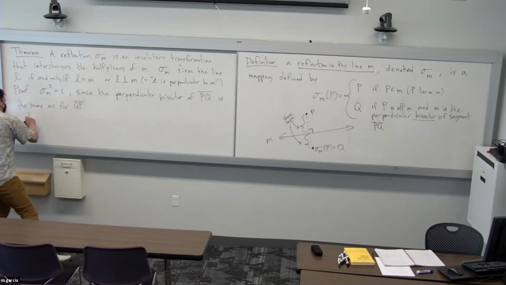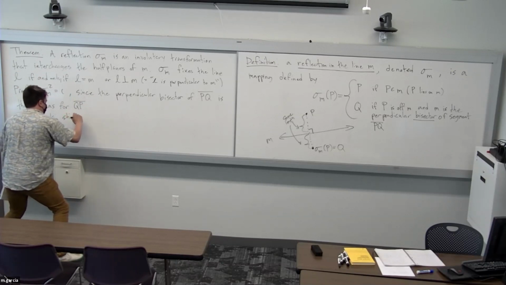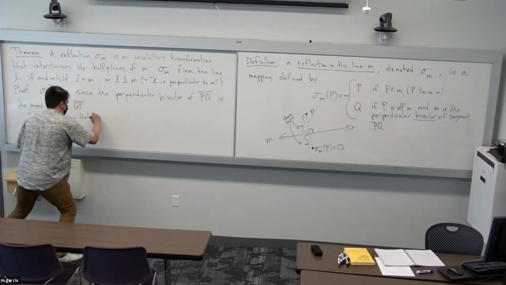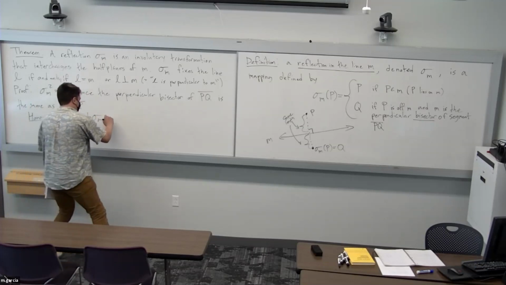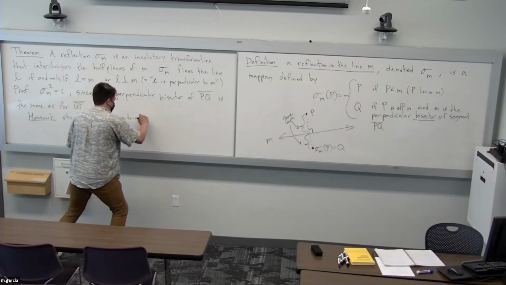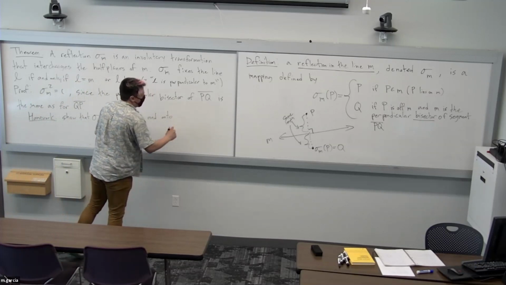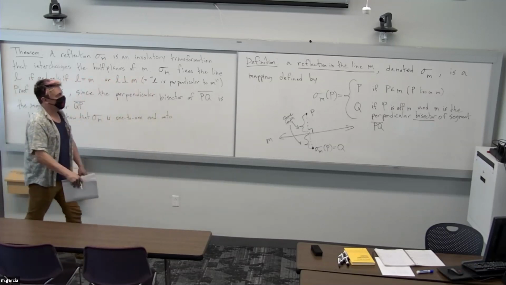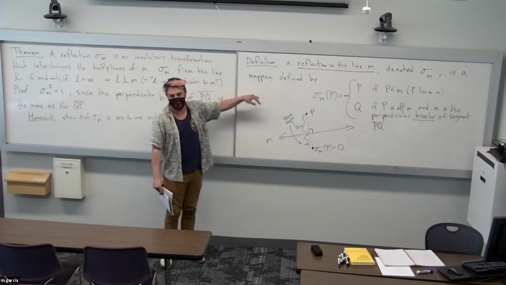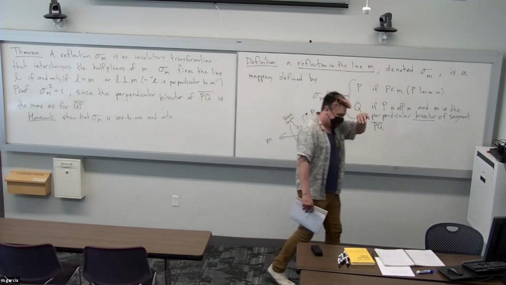Let me add a homework exercise here. I want you to take a second and show that sigma sub M is one to one and onto, right? Because recall, in the synthetic definition, I just said it was a mapping. So technically, we should show that it is in fact bijective.